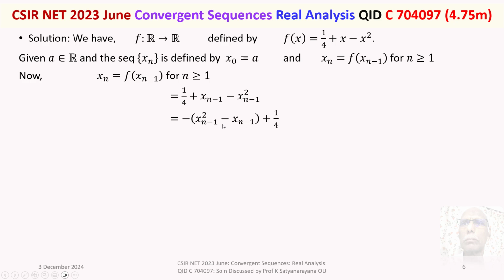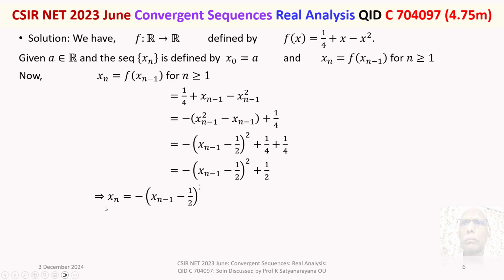Let us make xn minus 1 square minus xn minus 1 a perfect square. We write it as minus xn minus 1 minus 1 by 2 whole square and adjust the constant term. To do so, we add 1 by 4 to the already existing 1 by 4, and that is equal to minus xn minus 1 minus 1 by 2 whole square plus 1 by 2. 1 by 4 plus 1 by 4 is 1 by 2.